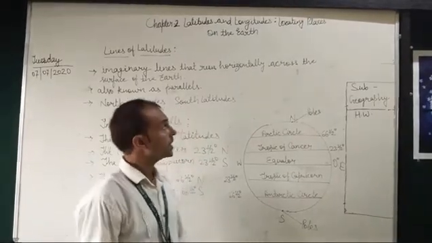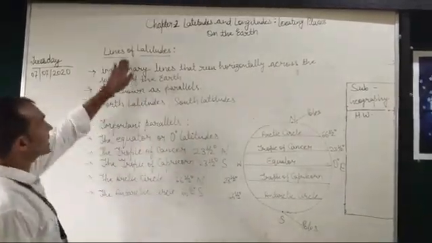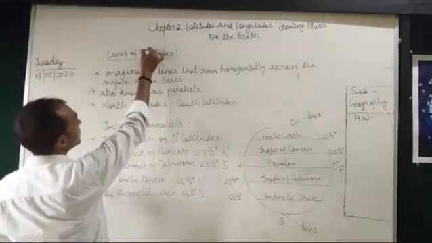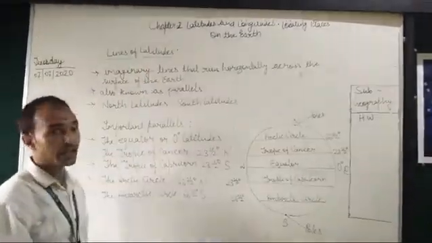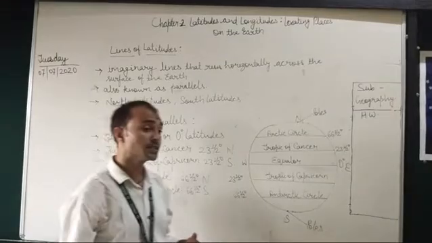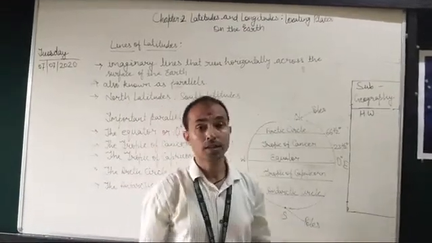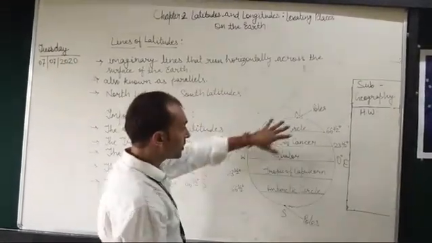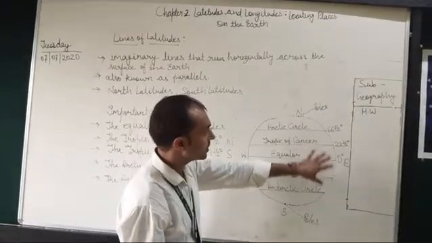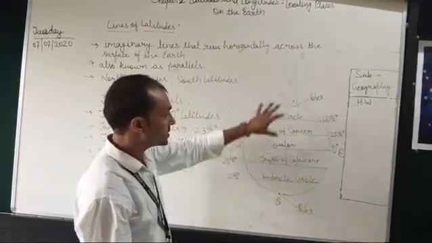So today we are going to learn about the lines of latitudes. Now let's understand what the latitudes are. Students, we have already done the globe, that this is your globe.